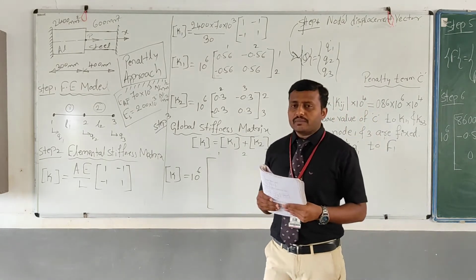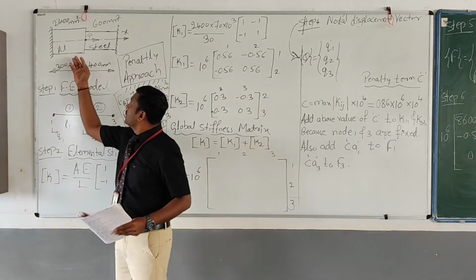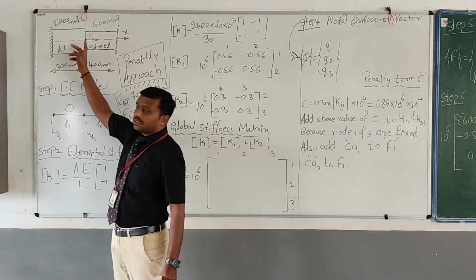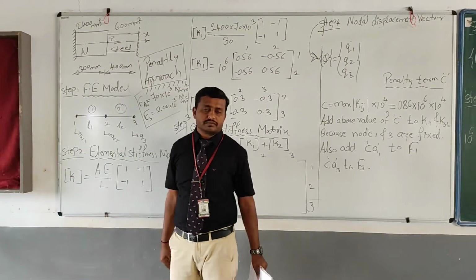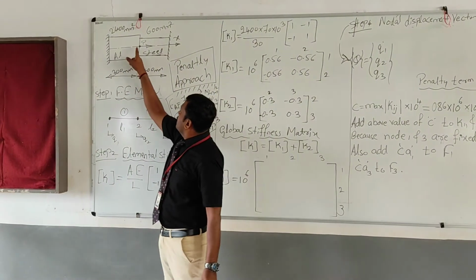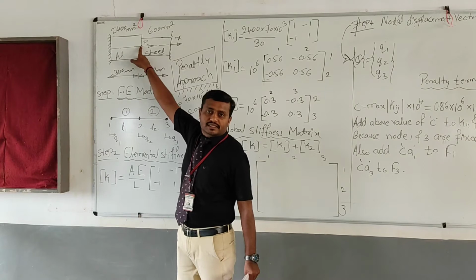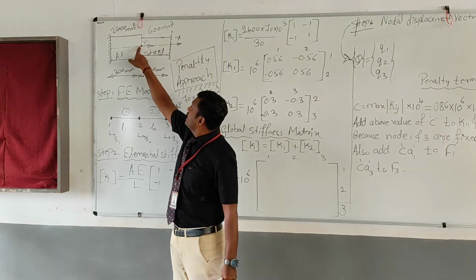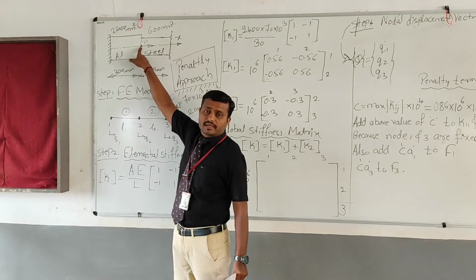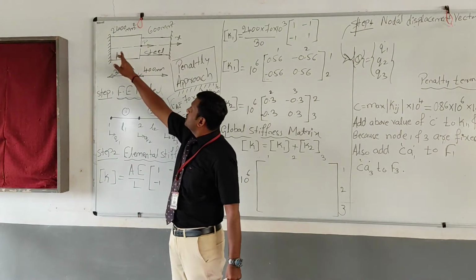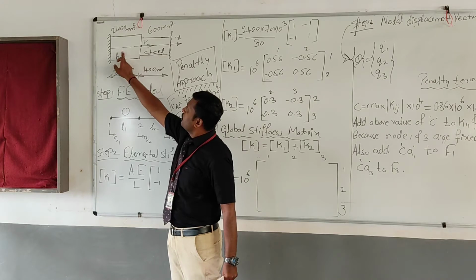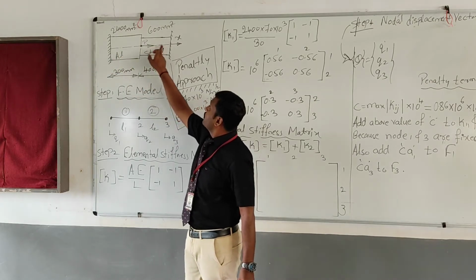So the diagram is given, which I have drawn on the board already. There is a stepped bar which is fixed at both the ends. At the point where there is a change in cross section, a load P is acting. That value is given as 200 kN. The first element is made up of aluminum, the other element is made up of steel.